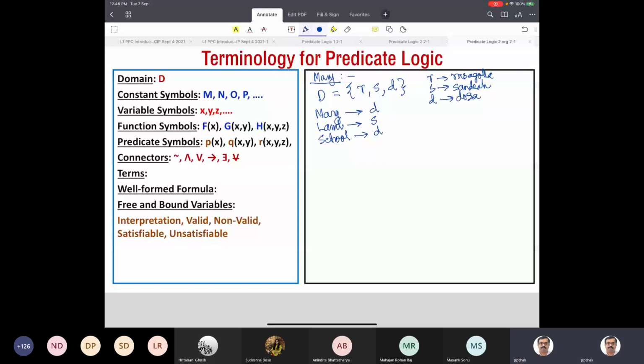Now, what else do we have to define? Goes(X, Y). So we have to define where goes is true. So we have to define goes(R, S), goes(R, R), goes whatever. All of them. How many will be there? 9 combinations.